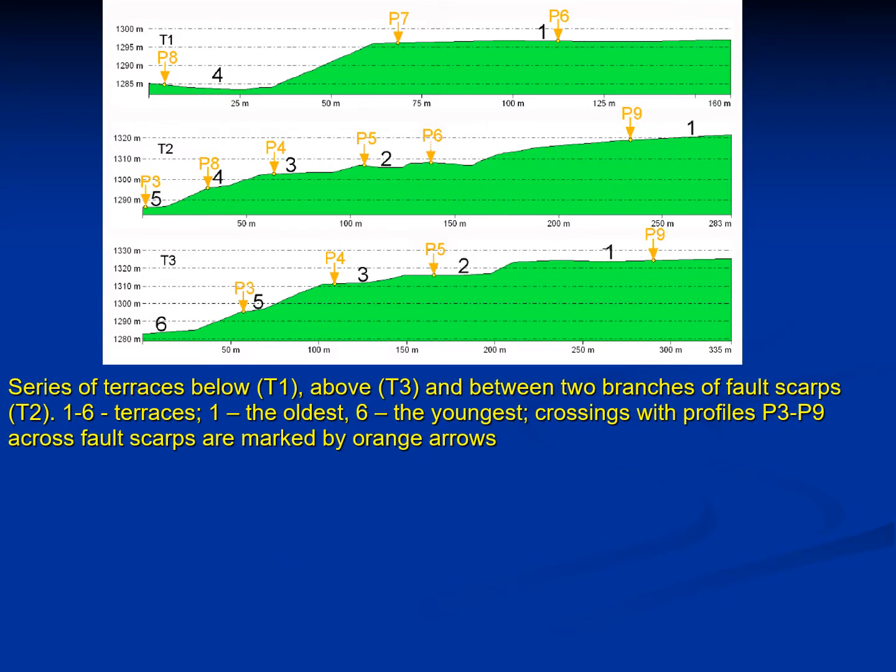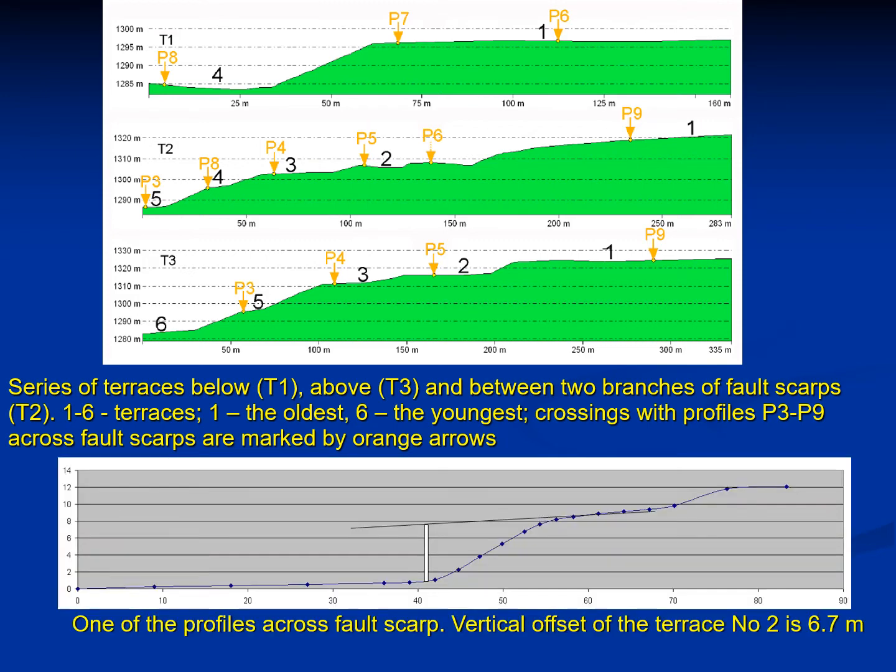Here we can see series of terraces profiles displaced by faults, and here we can see the profile across fault scarp with vertical offset of the terrace number 2 measured as 6.7 meters.